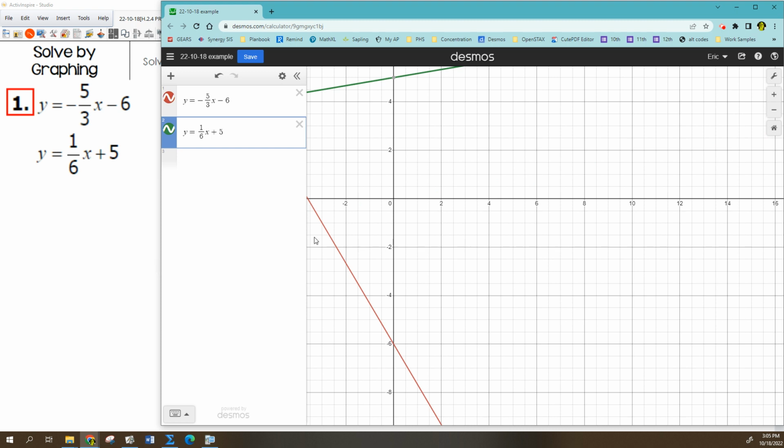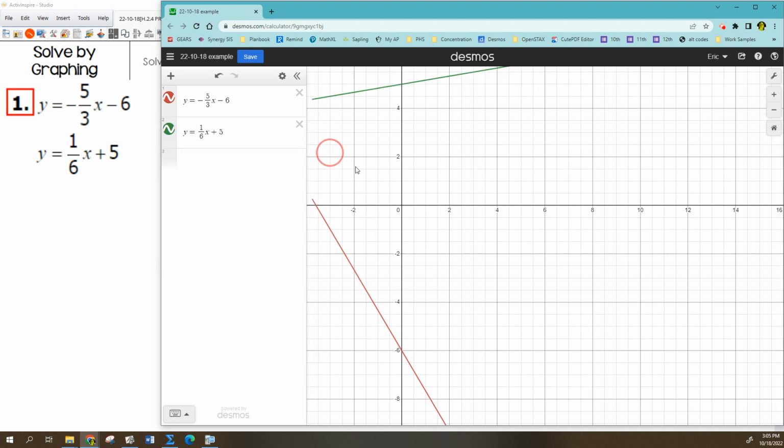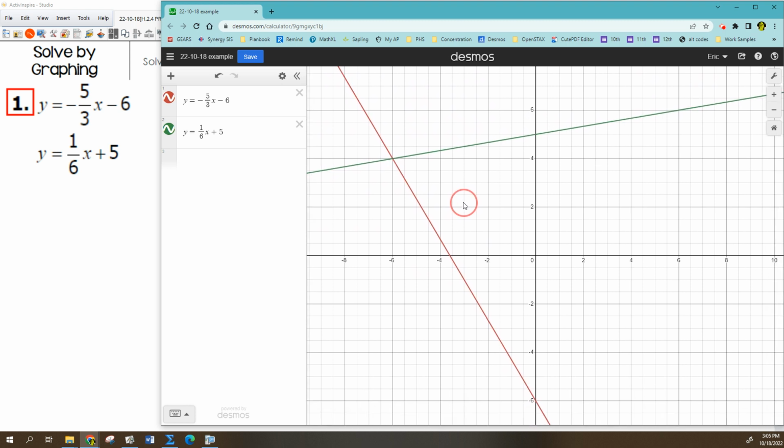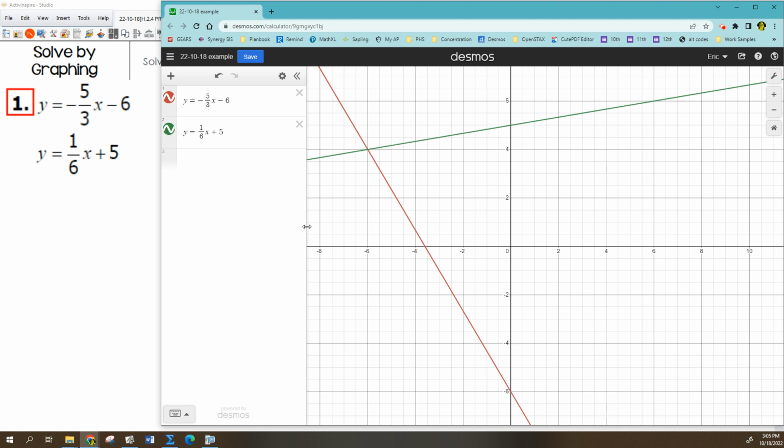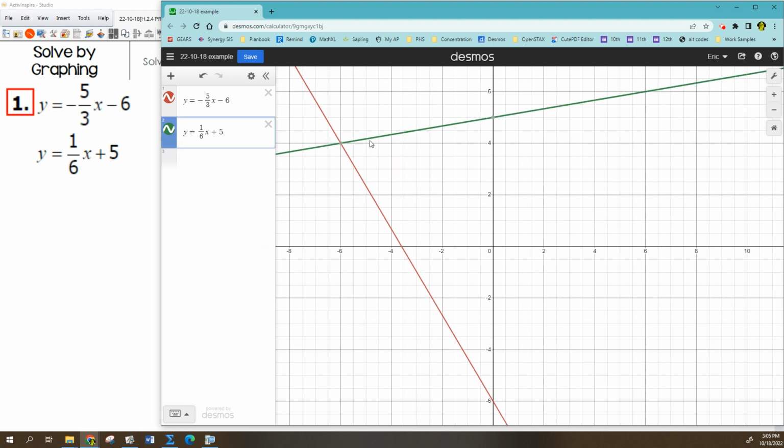Okay, now I can't see the intersection, so what do I do? I just have to drag the XY plane, or I could zoom out if I want to. I just have to be able to see the intersection, and then I just graph on that point, and there it is. There's my solution. X equals -6, y equals 4.